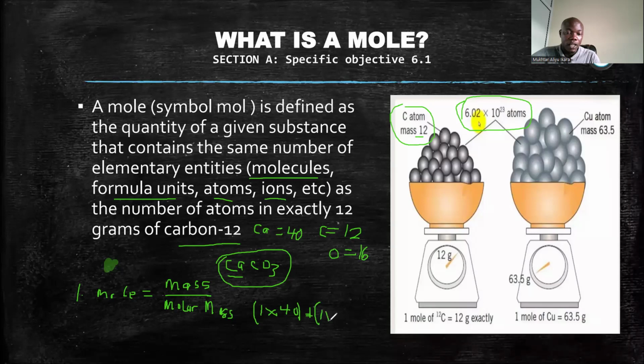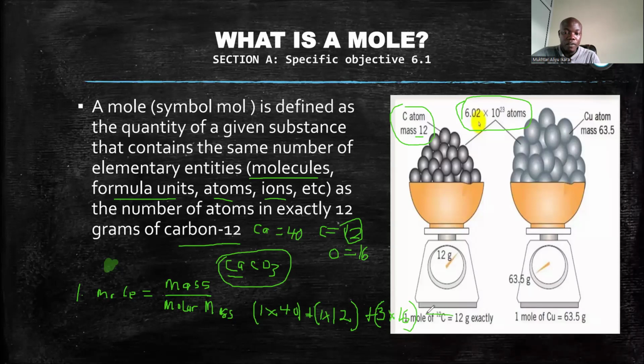Then we now say 1 times 12, because the mass of carbon is 12. Then after this, we now move to oxygen. How many oxygen do we have in this compound? It's 3. So we are now going to say 3 times 16, because the molar mass of oxygen is 16.